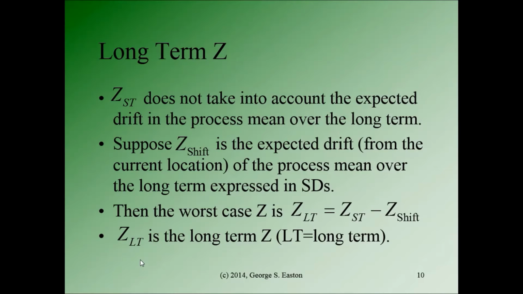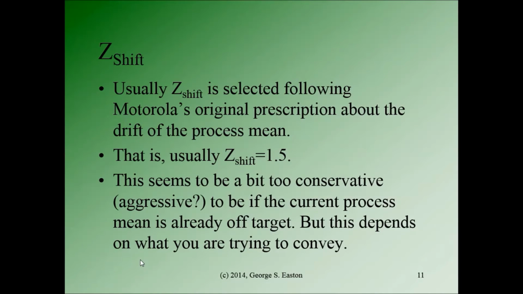So how do you usually select Z shift? Well, pretty much everybody defines Z shift in the same way that Motorola originally did, and that is that they take the Z shift to be 1.5. So usually the Z long term is the Z short term minus 1.5.